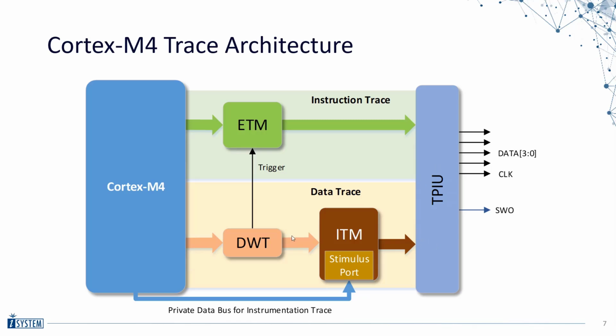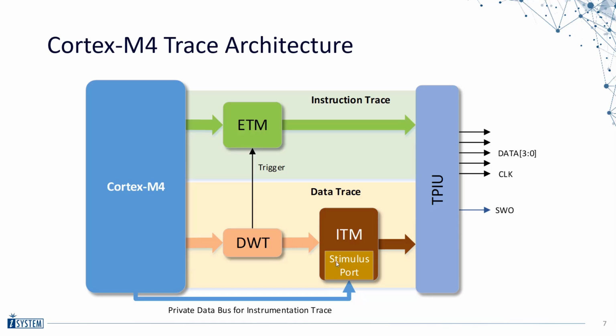I said DWT comparators can be used as trace on-off triggers. What does it mean? It means DWT hardware comparators can work in conjunction with ETM to confine the program flow trace. I will show a use case in the later part of this webinar so that it will be more clear to you. So you have to just be patient as of now.